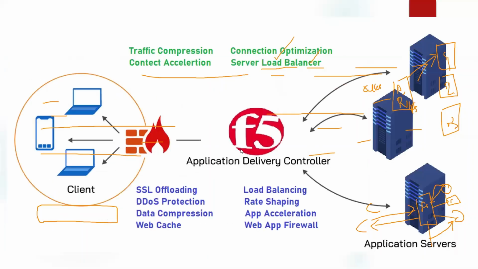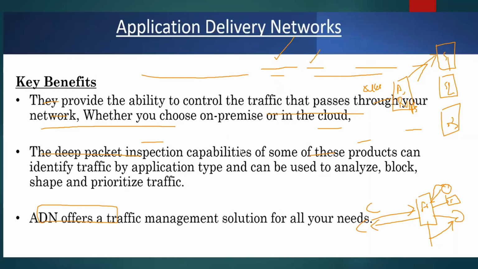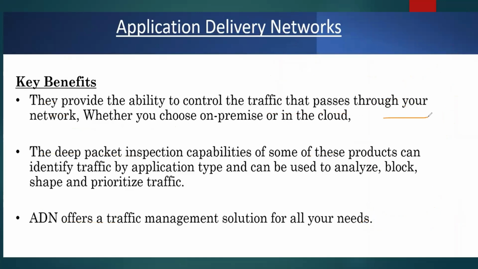So that is what ADN can provide. The key benefit here is the ability to control traffic that passes through your network, whether you choose on-premise or the cloud, right? Whatever traffic goes through this application delivery network, nothing but the F5, we can control.